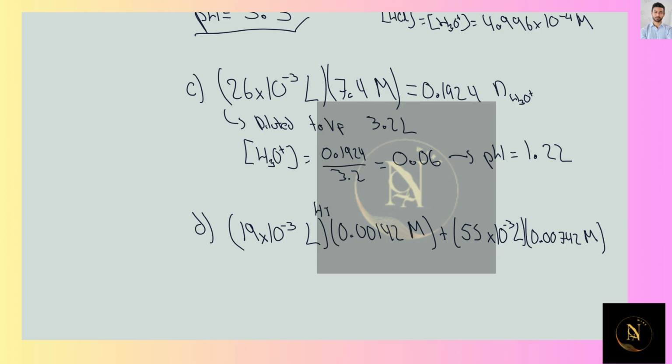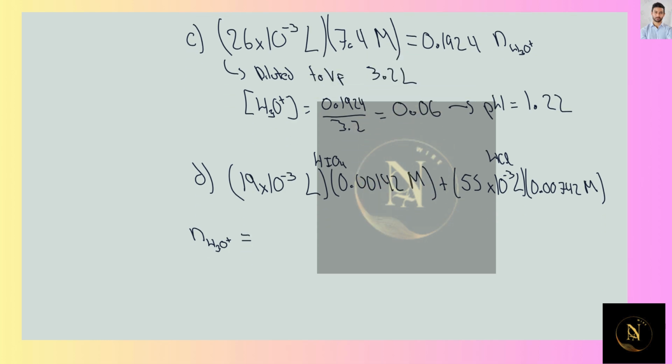This one comes from HIO4 and this one comes from HCl. When we find this value, we're going to get the total amount of hydronium ion. This comes from the fact that both of them are monoprotic strong acids that dissociate completely when you add water to them. So the result is 4.3508 times 10 to the minus 4 mole of H3O plus.